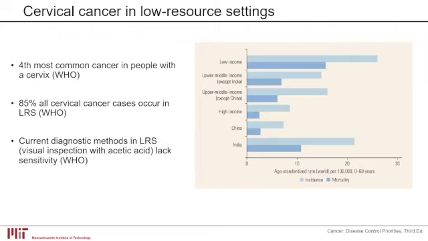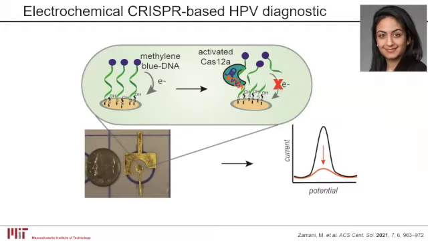And importantly, cervical cancer is much more prevalent in low resource settings. It's the 4th most common cancer in people with a cervix, but over 80% of cases occur in low resource settings and developing nations. And current diagnostic methods, which are generally based on visual inspection, are very insensitive. Visual inspection is not great and highly dependent on who's performing it.